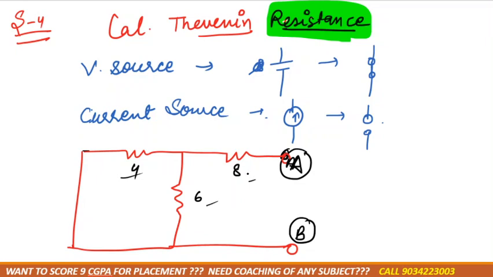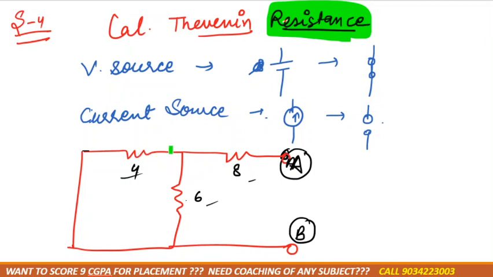Whichever of your friends are on the same path, meaning you go to both houses along the same path, that means they are connected in series. But whichever of your friends are on different paths, meaning you have to choose whether to go to this house or that house, then they are connected in parallel.